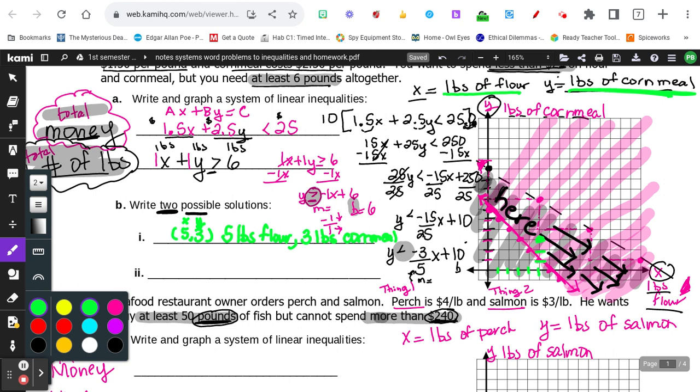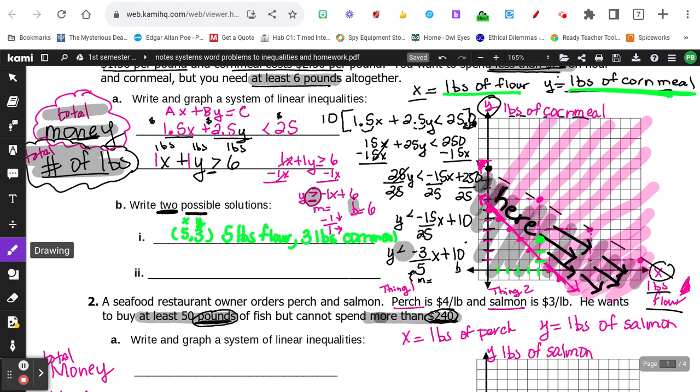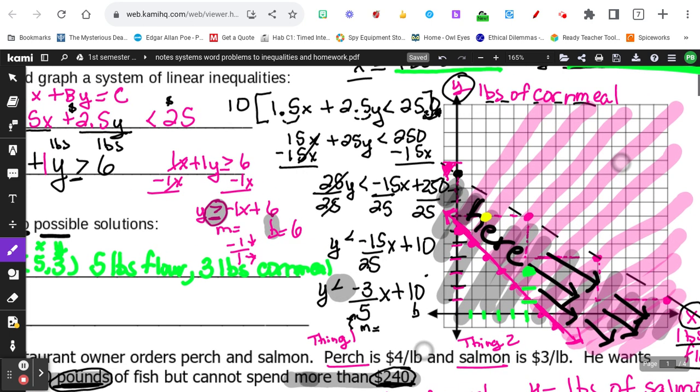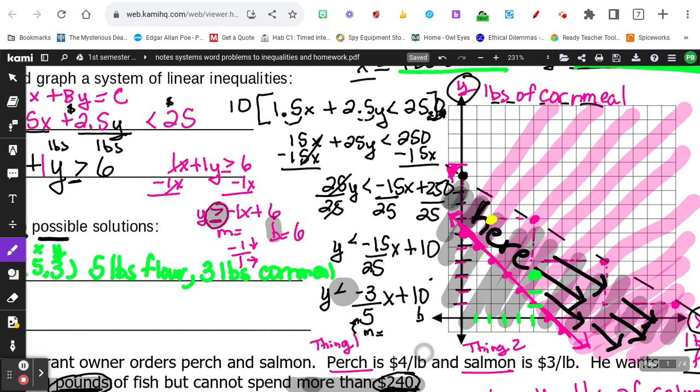So I'll do another one. I'll do this one in yellow. Anything in here. So you might pick something like this. I don't know. Just anything in that particular area where the overlap is. So if I count that, that's to the right 1, 2, and up 1, 2, 3, 4, 5, 6, 7.